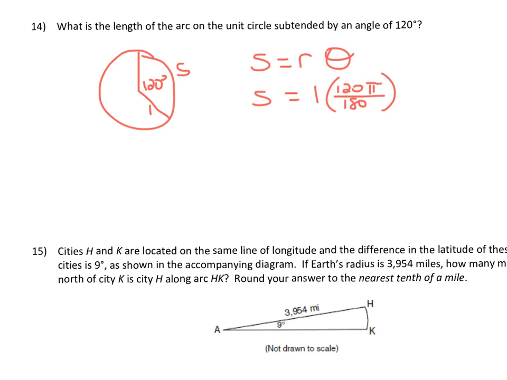So we take the 120 pi over 180 and simplify that. 120 over 180 simplifies to 2/3, so we can write this as 2 pi over 3. They don't tell us the units. We're working with the unit circle here, going out 1 unit in each direction, so these would be our units.